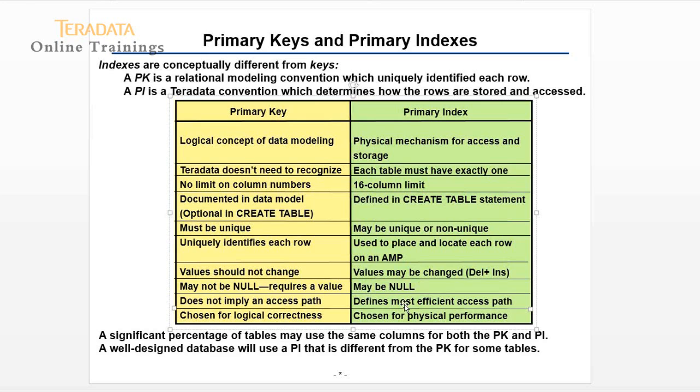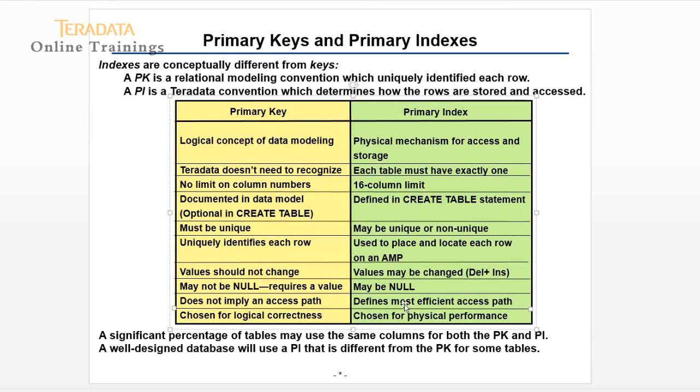But normally, as a Teradata developer, you don't get a chance to define a primary index on the main tables. Main tables, as I said, are like a fact table, the final target table, where your data modeler will already define the structure and what the primary index on the column should be. While doing the data model itself, they'll give you the tables with all the columns and the primary index.